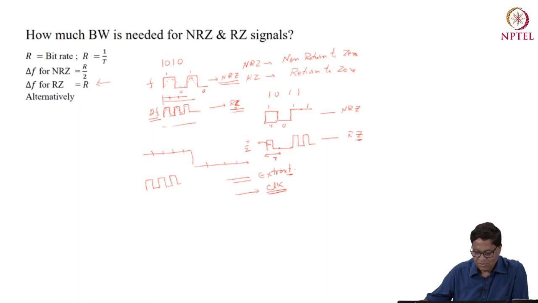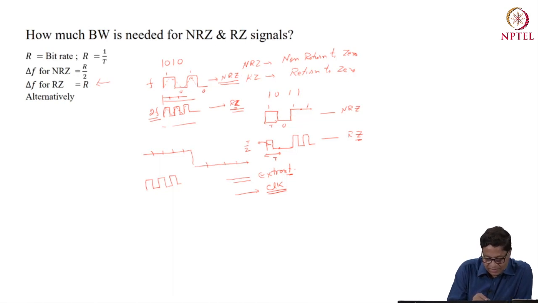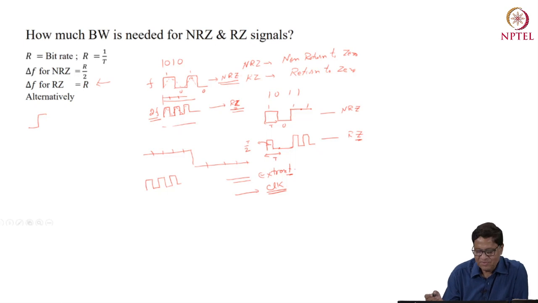Alternately, we can also understand this using a pulse like this. It passes through a circuitry, which in my case is the receiver, equivalent to an RC circuit. It will degrade the rise time and the fall time of the pulse, so you will get something like this.